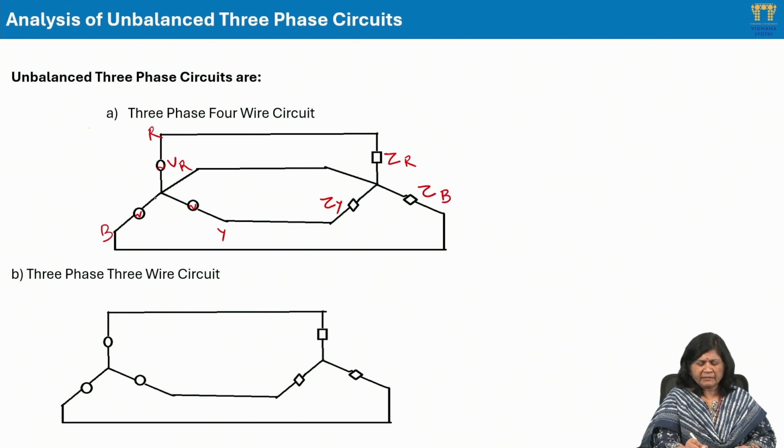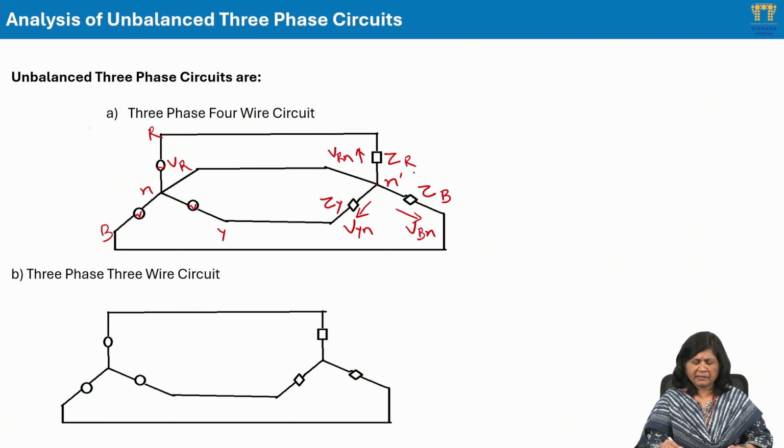If I connect the neutral of the supply to the neutral of the load, when these two nodes N and N dash are connected, then I get the balanced voltage supply across ZR, that is VRN, across ZY, that is VYN, and across ZB as VBN. So I get the balanced voltages across this.